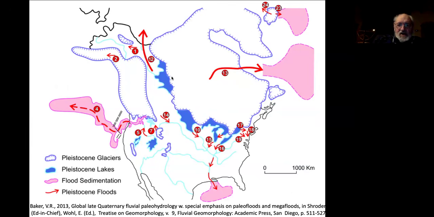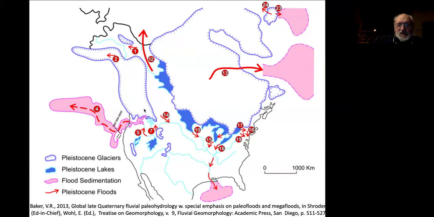There are two giant ice sheets, one called the Cordilleran, which covers the northern part of the Rocky Mountains, extending into the southern part of Alaska. The biggest ice sheet is the Laurentide, which centers on Hudson Bay, and it covers all of the central and eastern part of North America. It had a connection over to Greenland. All of Newfoundland is covered.